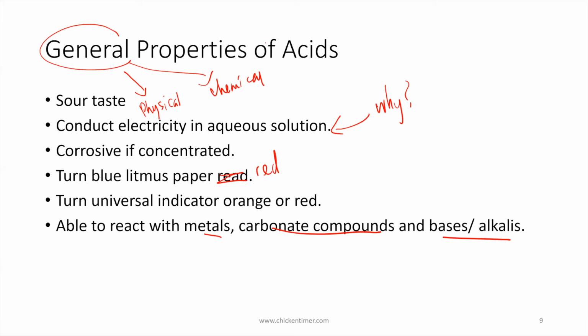So this is only for physical, and these are chemical properties. In questions, they will ask you for physical, chemical property, or some general property. If they ask for general property, always give the chemical properties as answers.